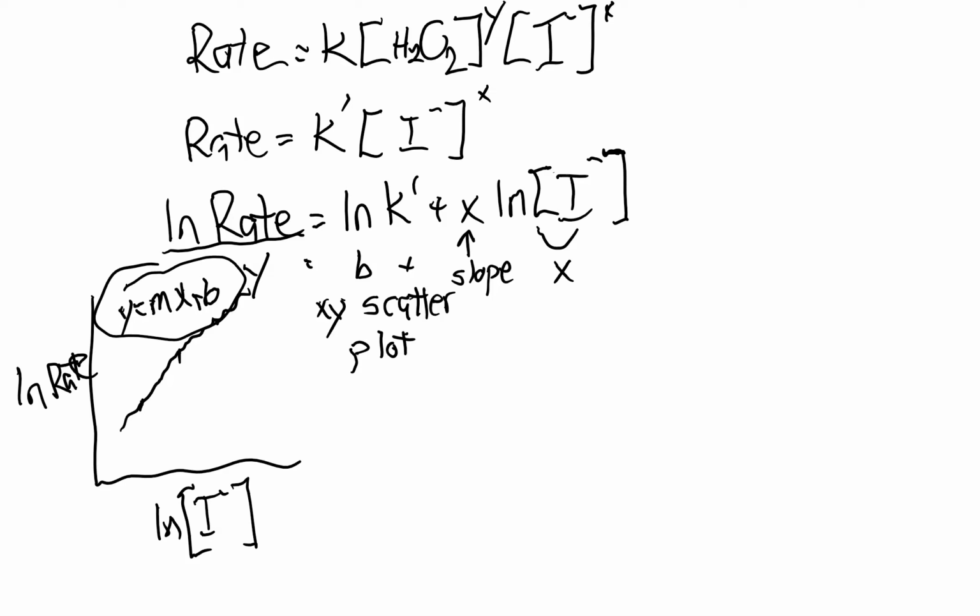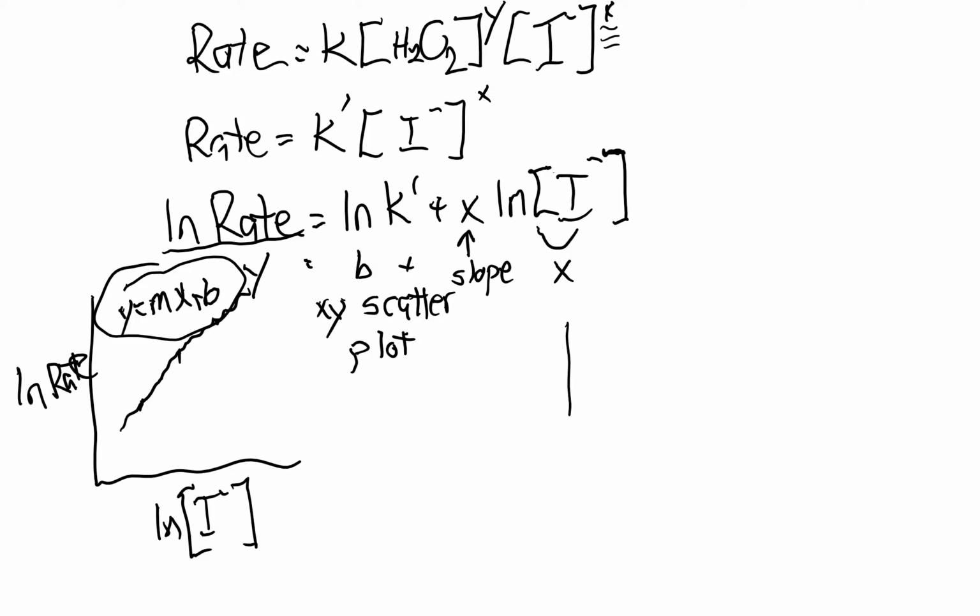So now we can graphically determine what the exponent is, either first, second, 1.5, a third. It's all based entirely on the slope of that line. So now we've got the exponent x determined. We can do the same thing for the peroxide.